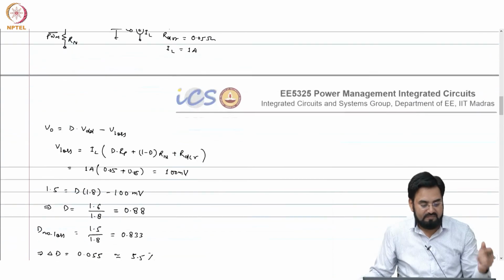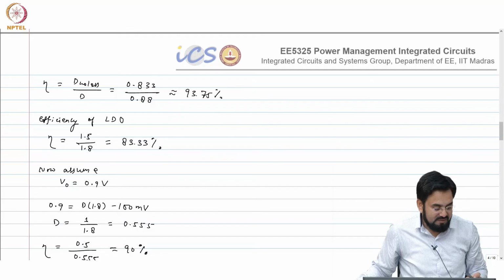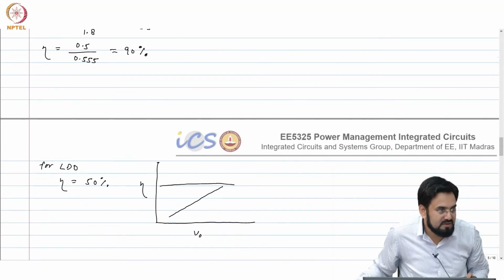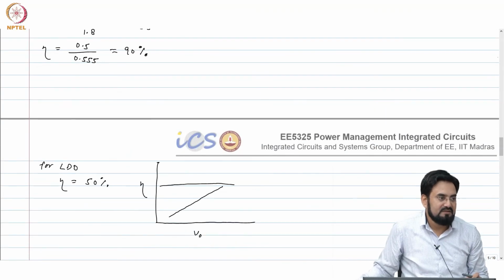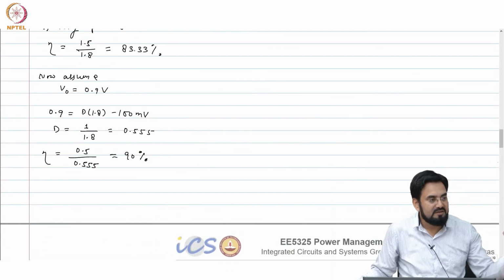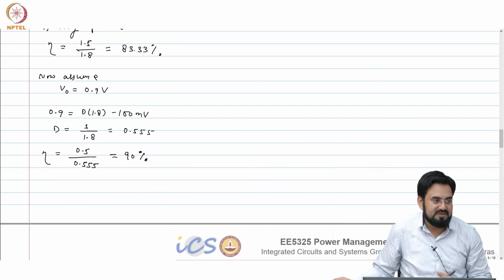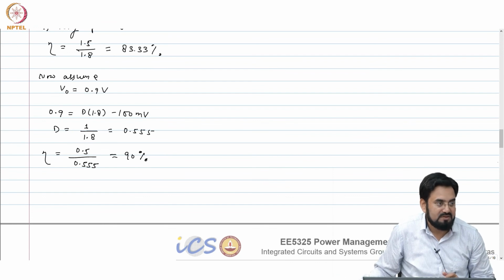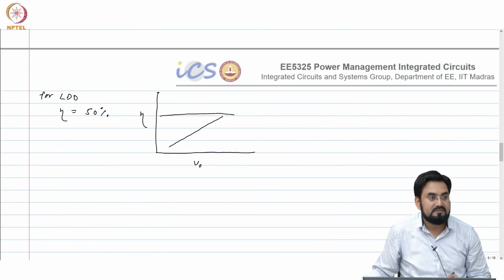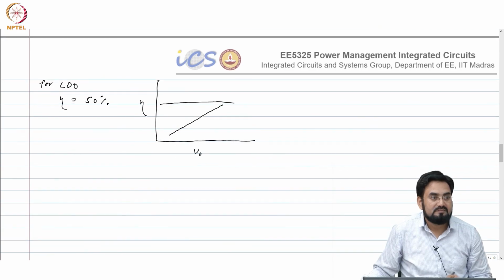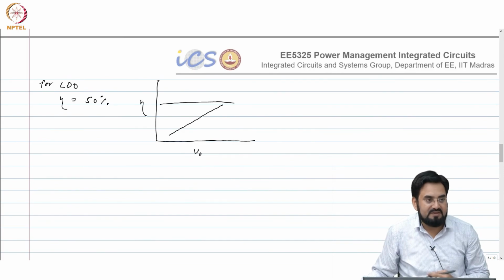Okay. So that's the reason we prefer LDO only for low dropout, and switching regulator for smaller V out by V in ratio or larger dropout. Yeah, it will remain the same, but the efficiency of the switching regulator will improve.